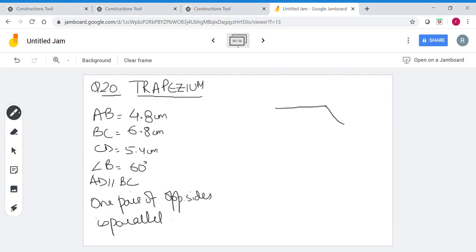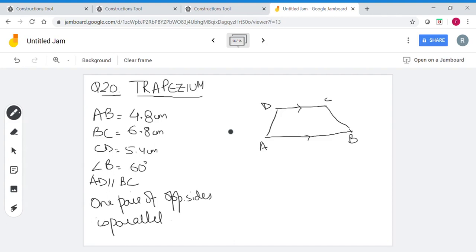This is the usual diagram for a trapezium. This side and this side are parallel. Let's call this A, B, C, D. That's about it. So this is the only property that we know of trapezium. And then we have another special type of trapezium, which is an isosceles trapezium, but we are not talking about it right now. So this is the only property we know. One pair of opposite sides is parallel.